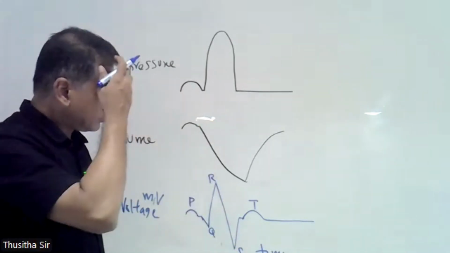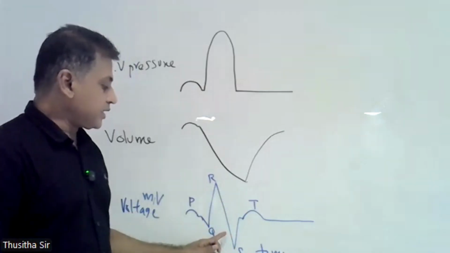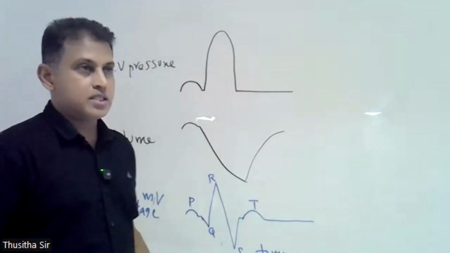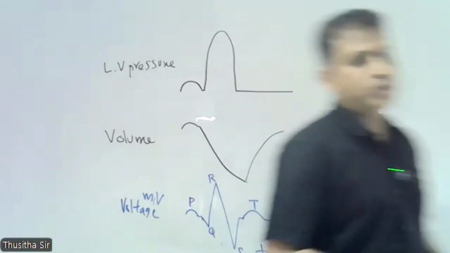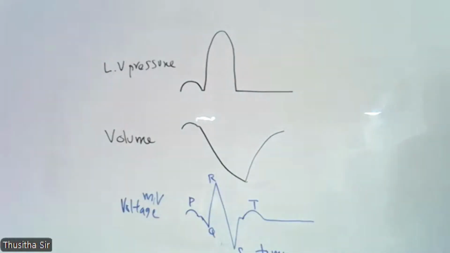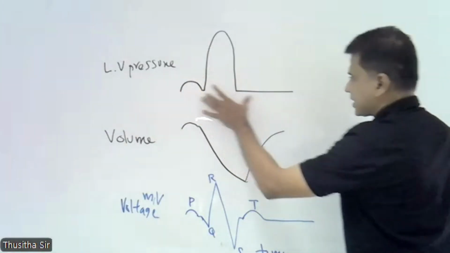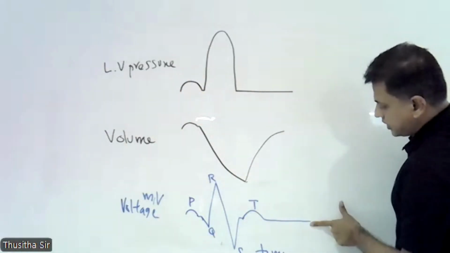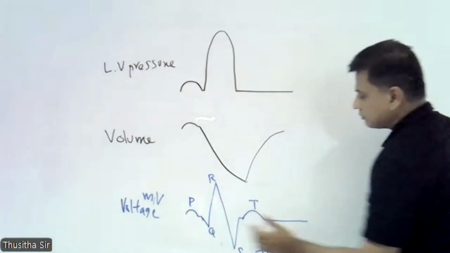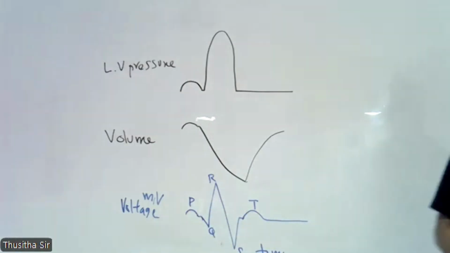QRS shows the ventricular depolarization, and T is the repolarization of the ventricle. So again, this is the duration of the cardiac cycle, and the duration of the ECG is also like this.